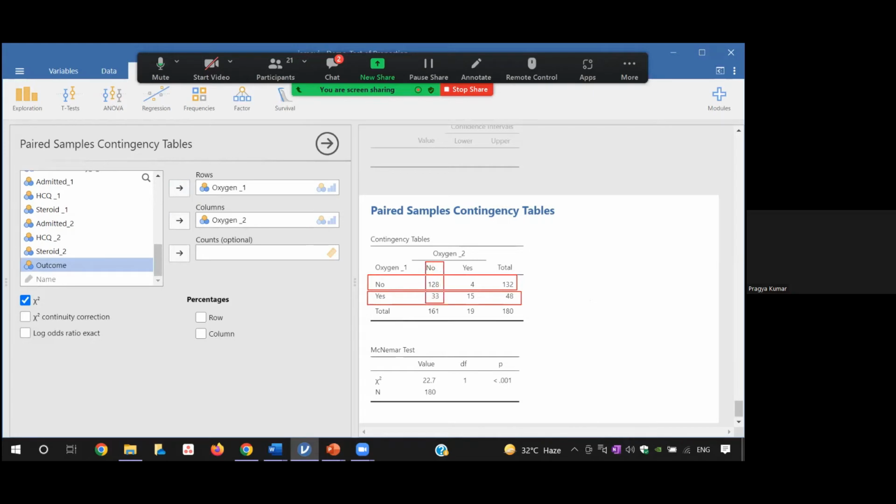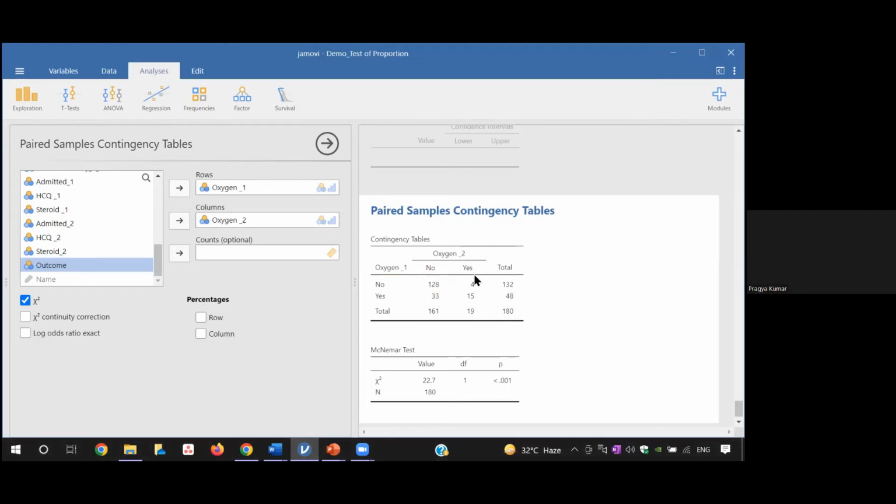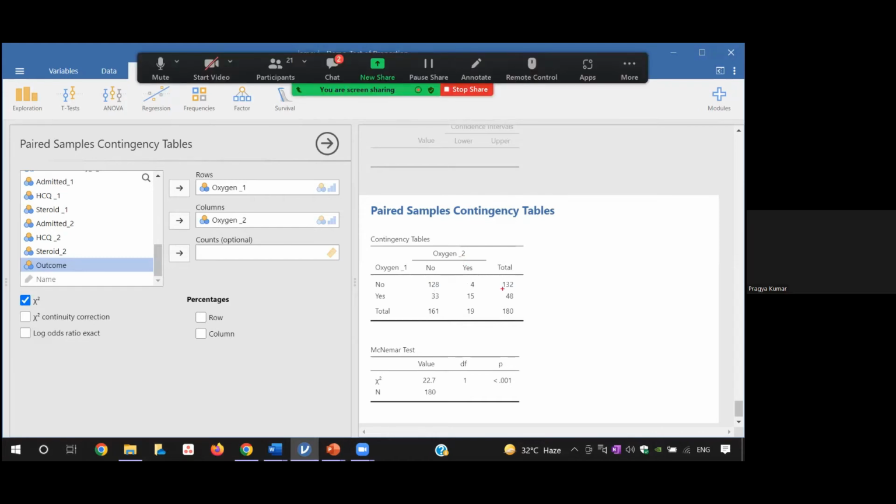Whereas there is again this no and this yes. So this vertical no and vertical yes, it is at the time of discharge. So you can say here that if I compare this one, initially there were 48 individuals who were requiring oxygen at the time of admission.